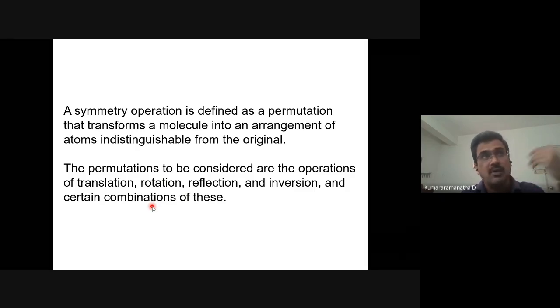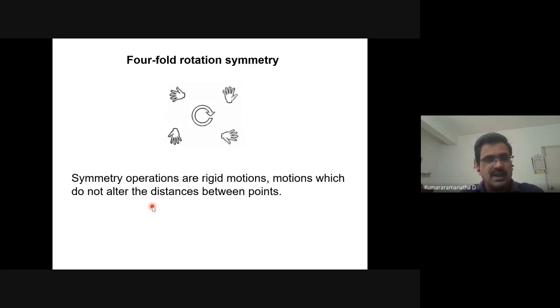Now, especially in molecules, this is the simplest example you can think about: a fourfold rotation. Probably after the class you can try. If you take your hand and you do a 90-degree rotation, 180, 270, and then 360, you retain the hand in the original direction.